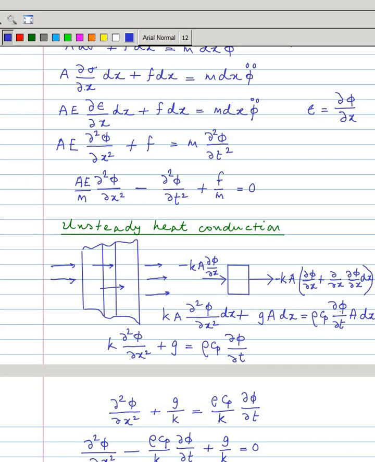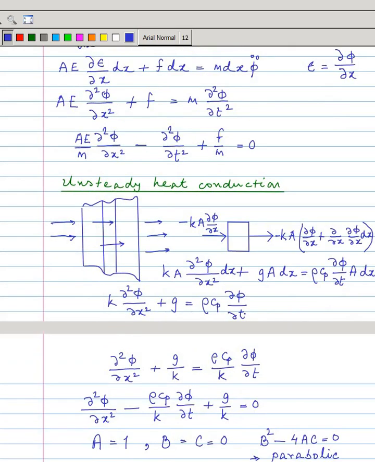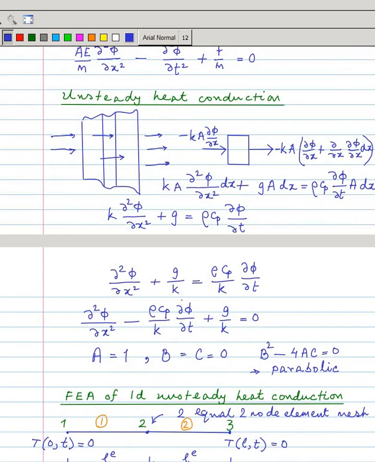So it is equal to the mass of this. Mass is the volume, this is the volume A dx, and rho is the density, into the specific heat into del phi del t. So if you do the simplifications, then you get an equation like this or like this.